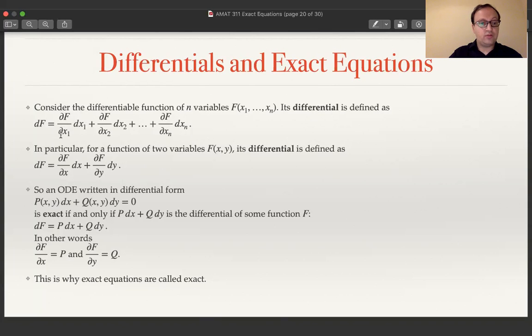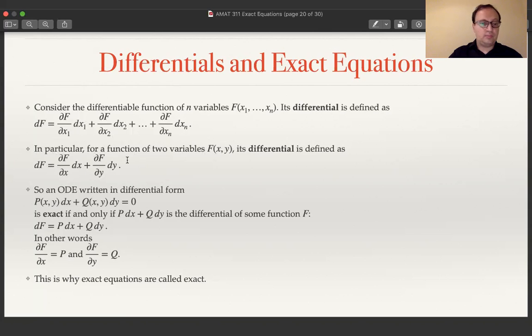So partial F over partial x1 dx1 plus partial F over partial x2 dx2, and so on up to the last variable. So in particular, for a function of two variables, f of x and y, this differential is df is partial f over partial x dx plus partial f over partial y dy.